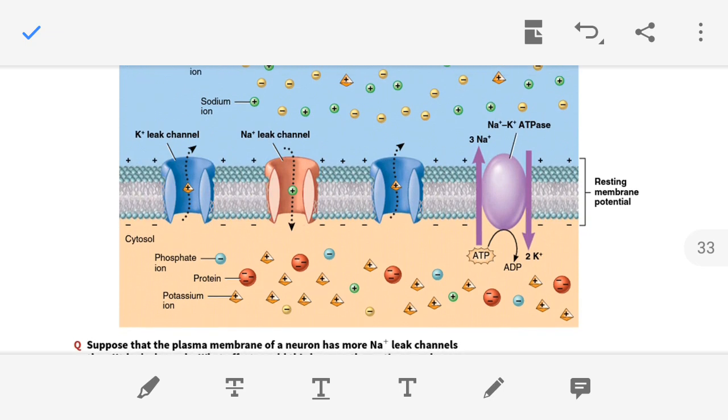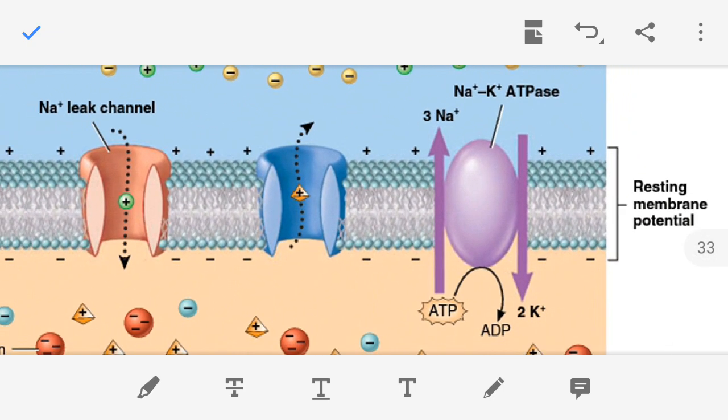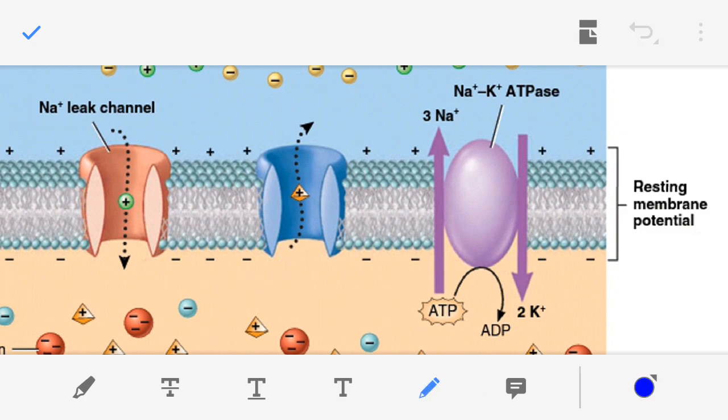Basically, it is balancing the Na+ and K+ outside and inside, and it is also balancing the charge. For this it requires energy, and this energy is supplied by ATP.